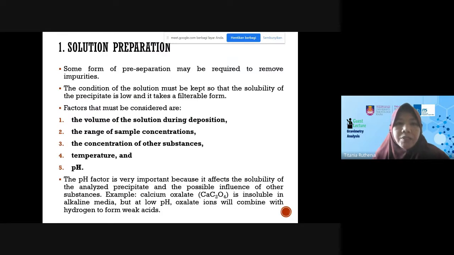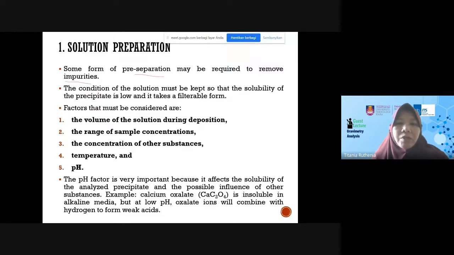So the first one is solution preparation. Some form of separation may be required to remove the impurity, because before we make the precipitate, sometimes the analyte also has impurities.